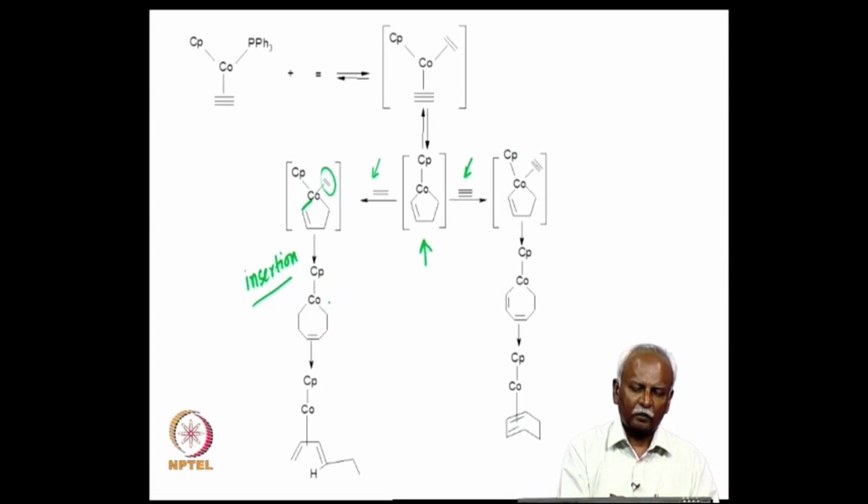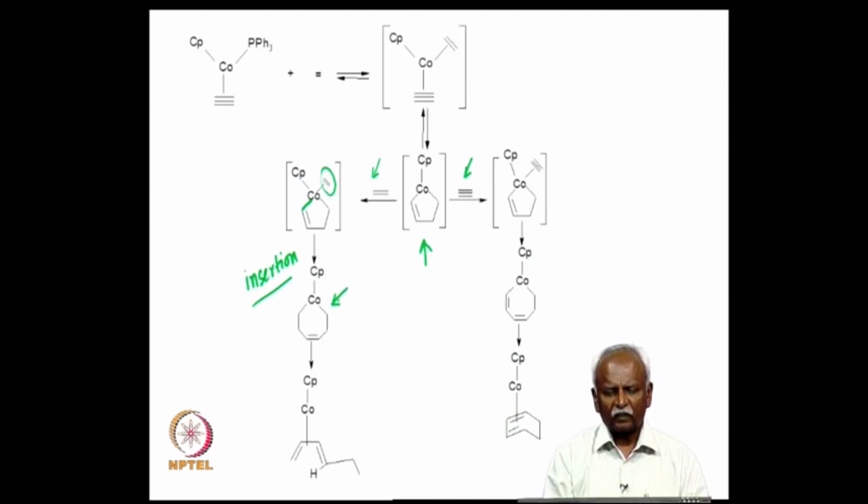metallocycloheptene. So, here you have one double bond, which is in the third position with respect to the cobalt, and this particular molecule can now have an option of doing reductive elimination, either directly to give you this intermediate, which now has the ability to do a cycloreversion reaction, such that it forms cyclohexene.